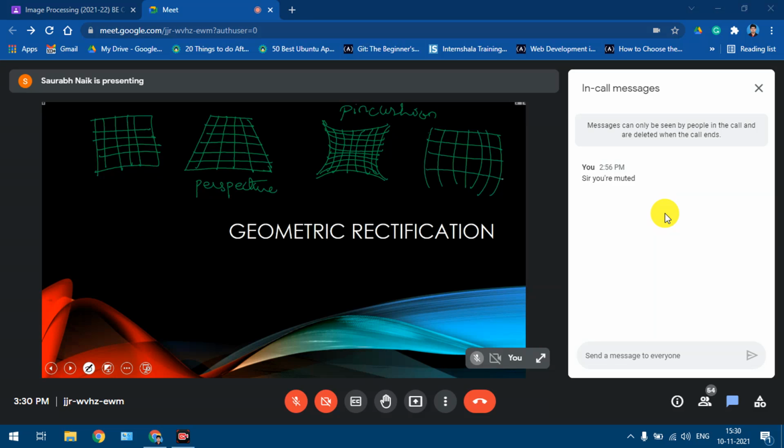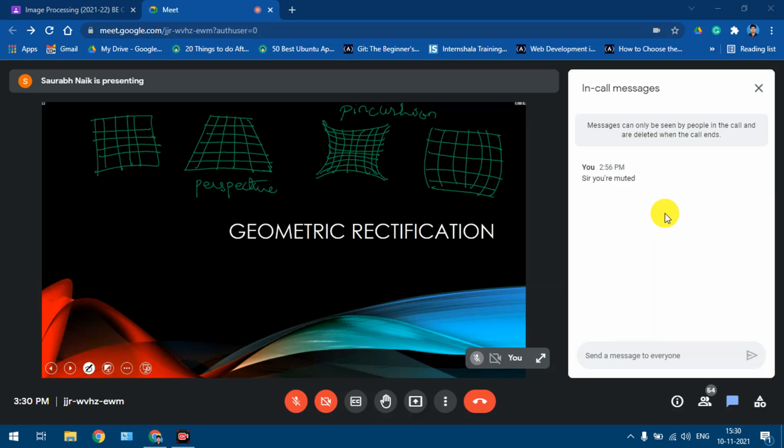So something like this. Okay, so the main thing we do in removing geometric errors or any of these types is we basically have to find out certain points in that particular image and map it with our output image.